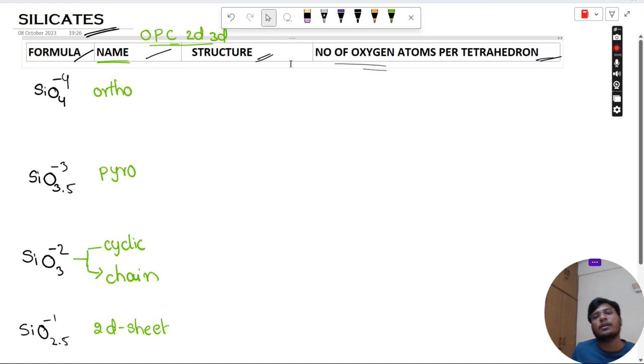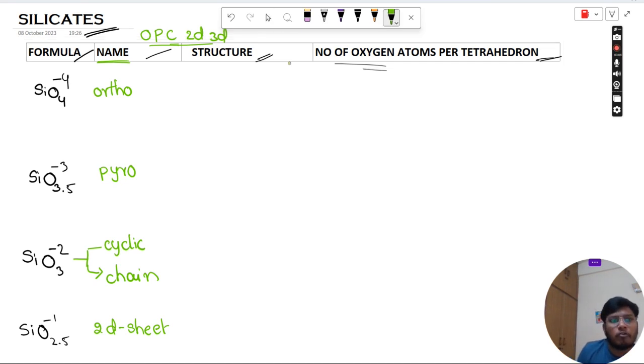And when it comes to structures, SiO4 exists in a regular tetrahedron structure. Let me draw a structure here. Si is the central atom with the oxygen atoms.